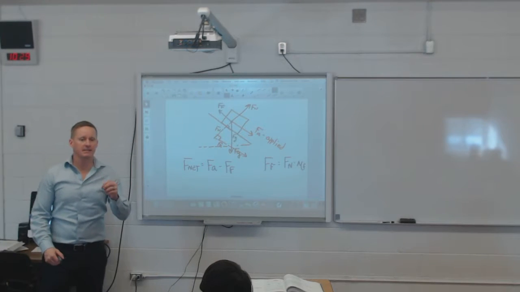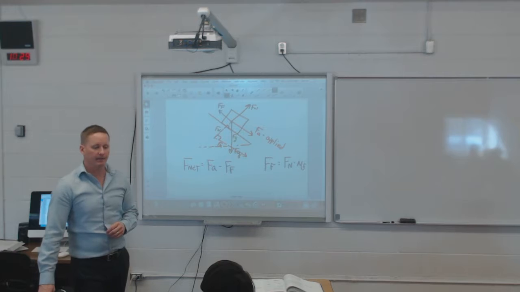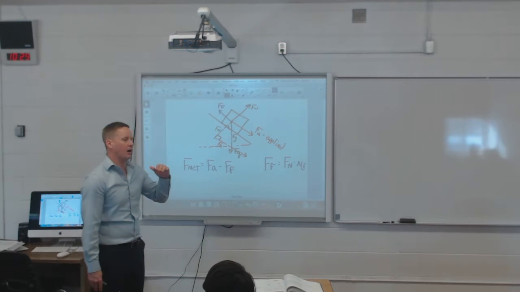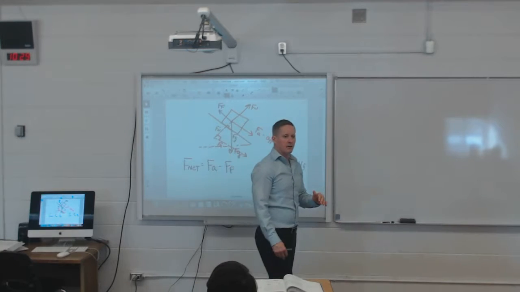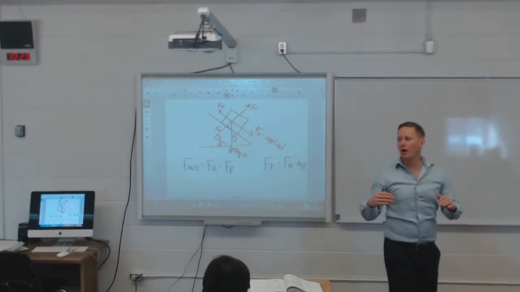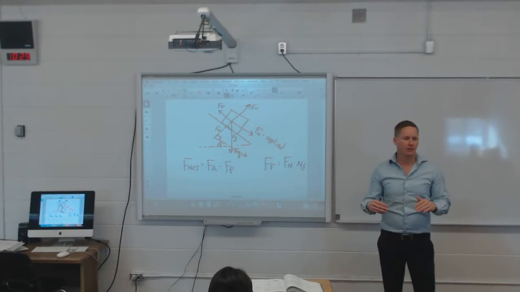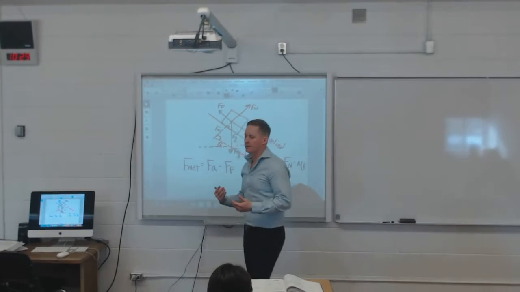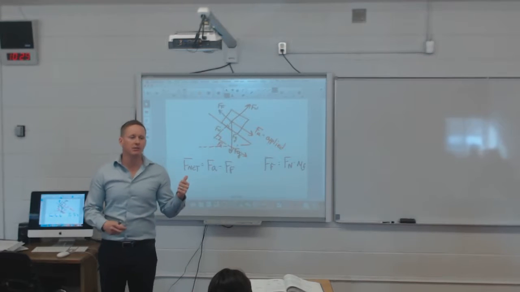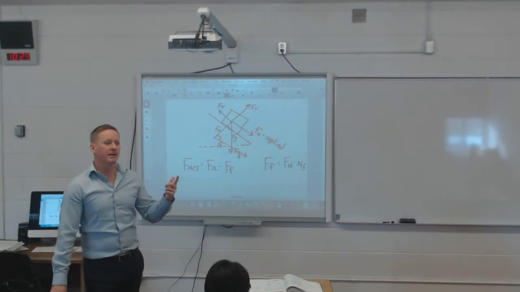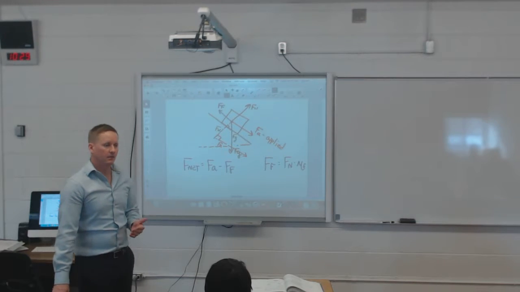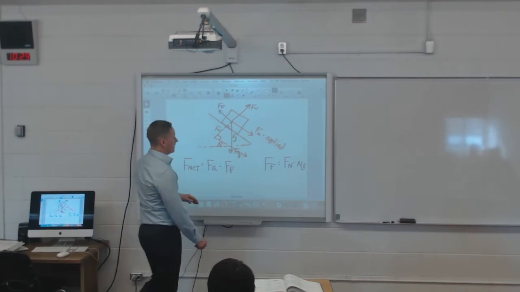Every surface has a different amount of friction to it. If I stop a car on asphalt as opposed to stopping a car on ice, they're not going to stop the same way, are they? Because the coefficient of friction is different for them, and it's based on the surface. That will be given to you either on a chart or within the question itself. So we use it to help us solve.